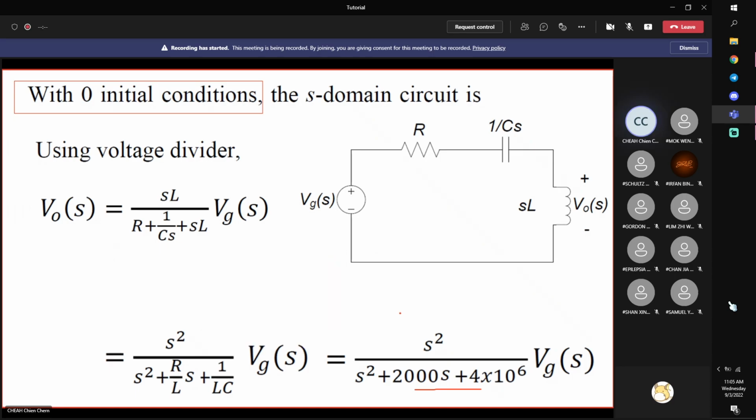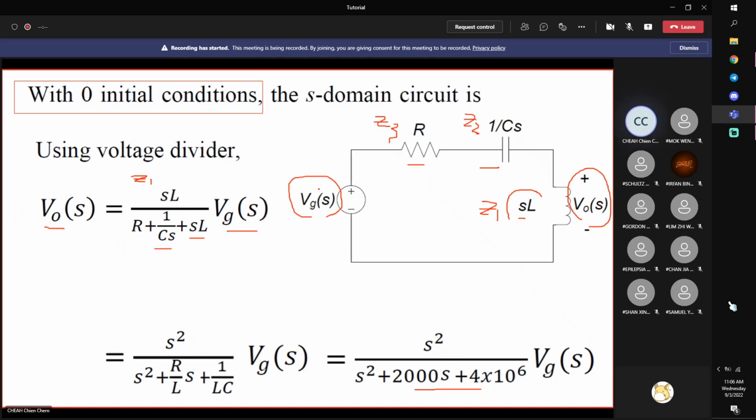Ignore this part first. You get something like this: R plus 1 over SC plus SL, correct? Series. Now, the voltage division law says that V0 is a portion of VG according to the ratio of the impedances: Z1 divided by Z1 plus Z2 plus Z3.